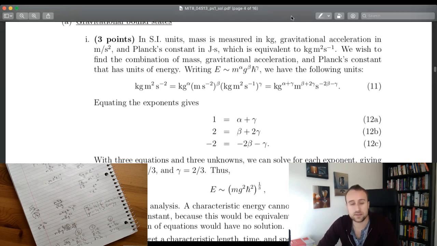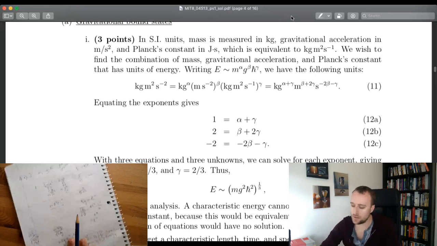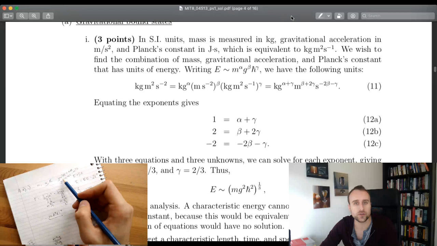So in SI units, mass is measured in kilograms, gravitational acceleration in meters per second squared, and Planck's constant in joules seconds, which is equivalent to kilograms meters squared per second. I think this was my mistake, because I got the formula for joules wrong here.